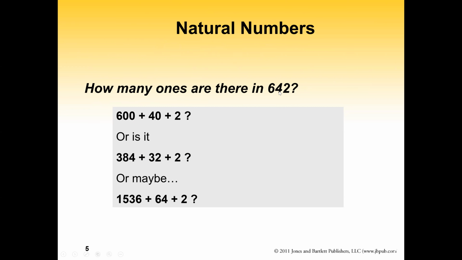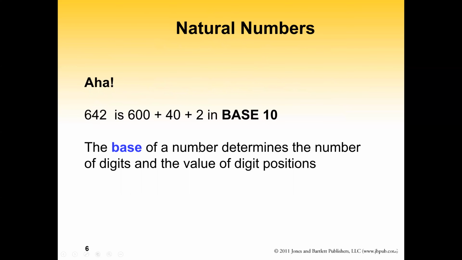So 642 is the same as saying 600, plus 40, plus 2. There's no other digit. So again, 642 means 600 because 6 is in the 100 position, plus 40 because 4 is in the 10 position, plus 2 because 2 is a single unit.